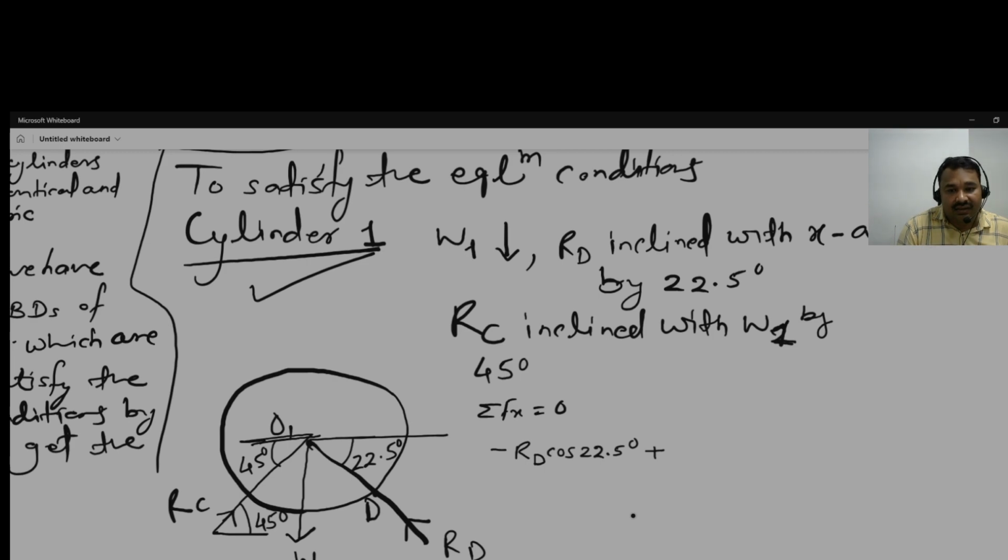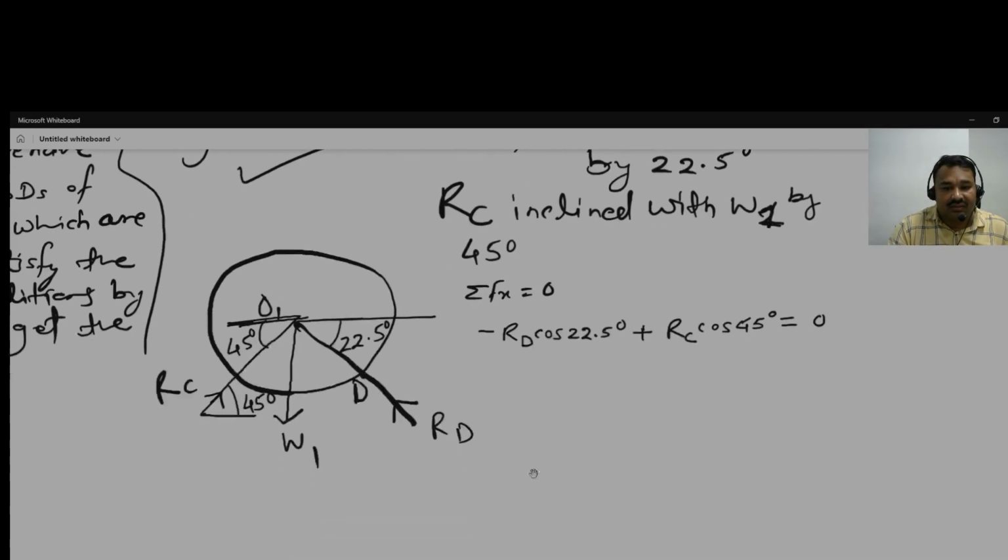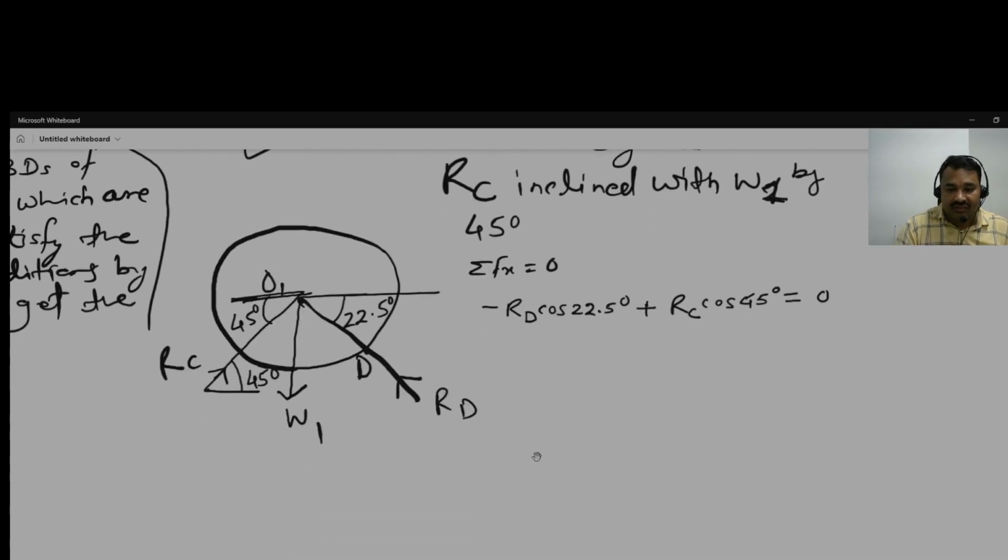It is in the positive x direction, and it is inclined up by 45 degrees, so RC cos 45 degrees, minus RD cos 22.5 degrees is equal to 0. This is equation 1.